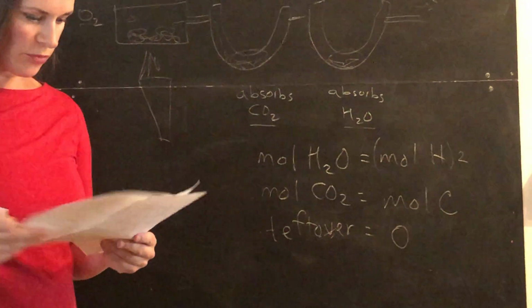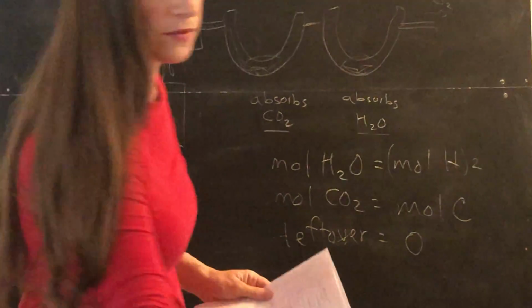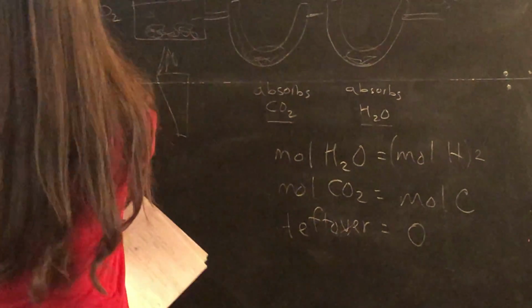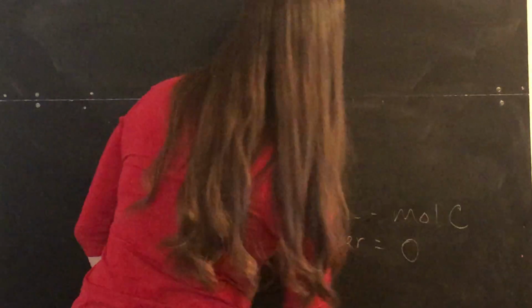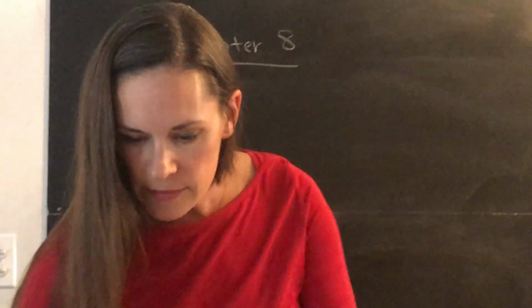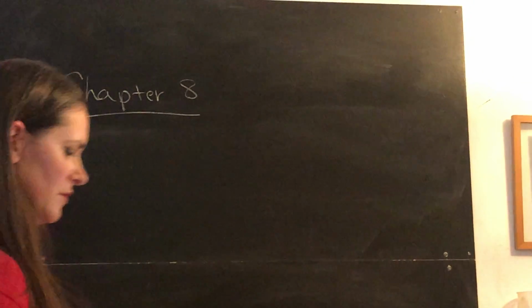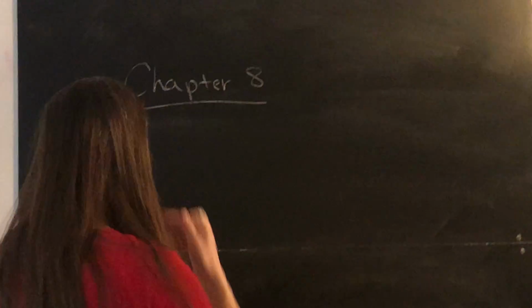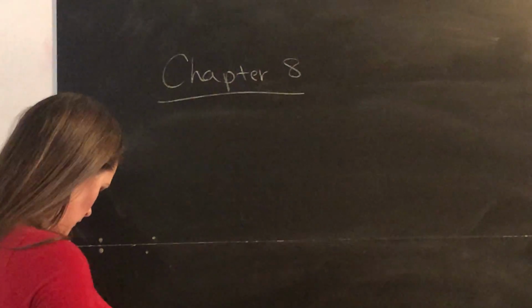Okay, so we'll do number 13 to figure out how to use this. So in chapter 8, review number 13. A 200-gram sample of an unknown substance was burned in excess oxygen to produce 439.3 grams of carbon dioxide and 239.9 grams of water.